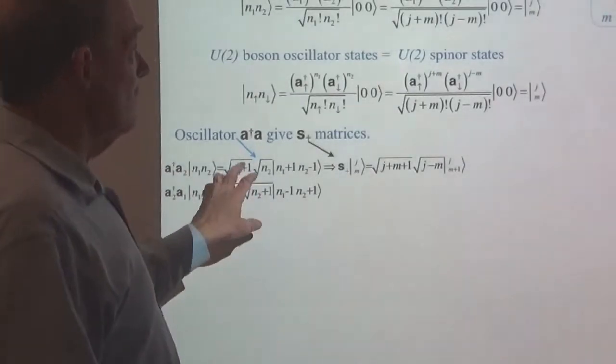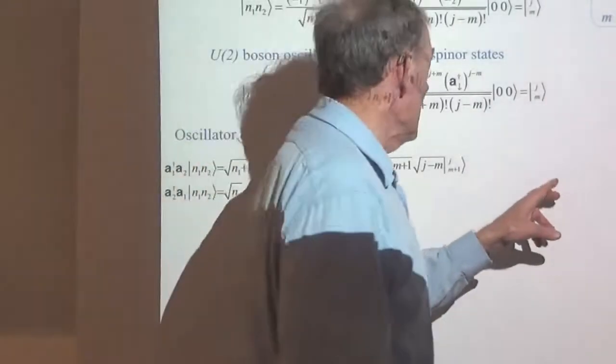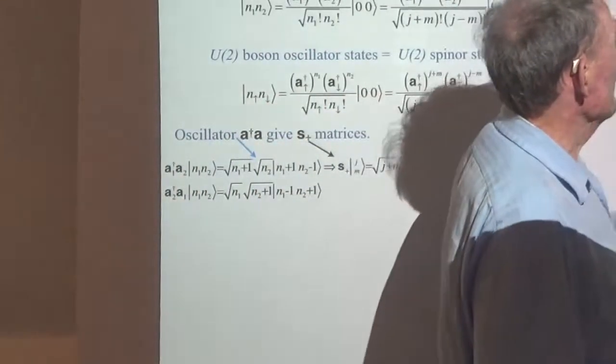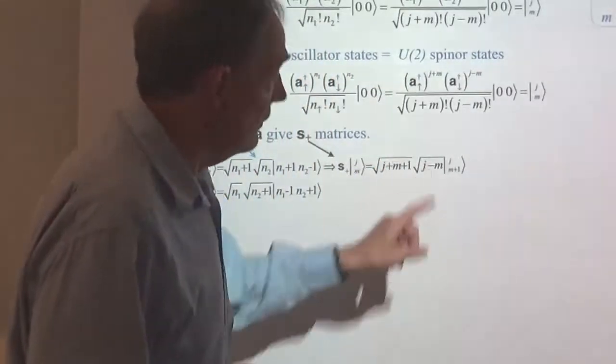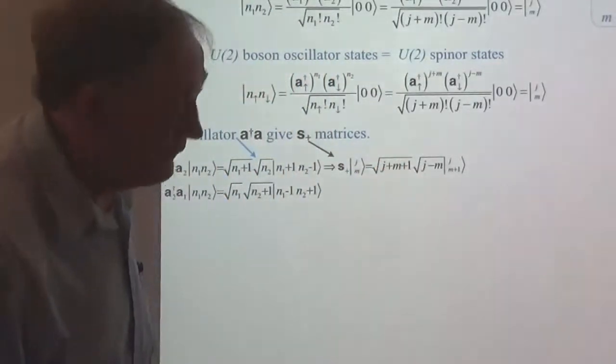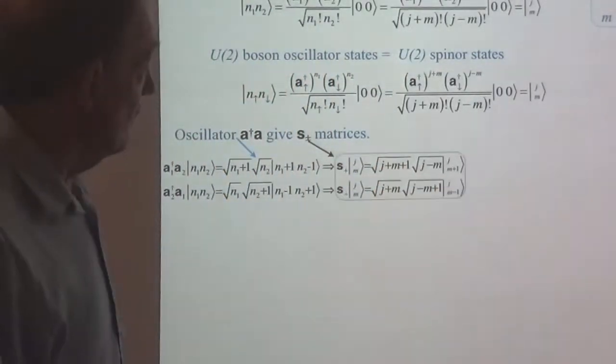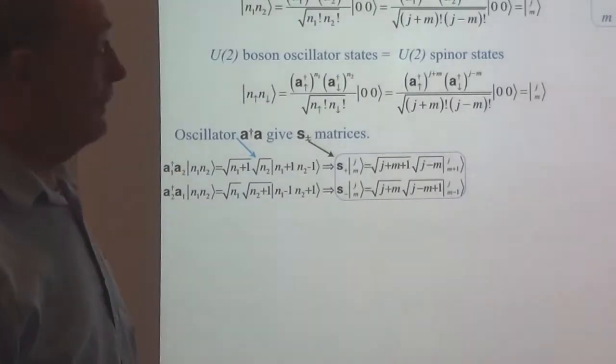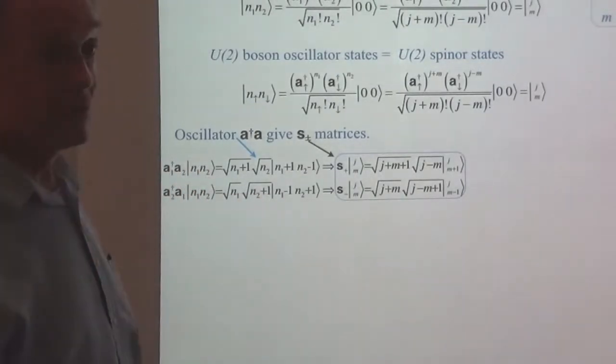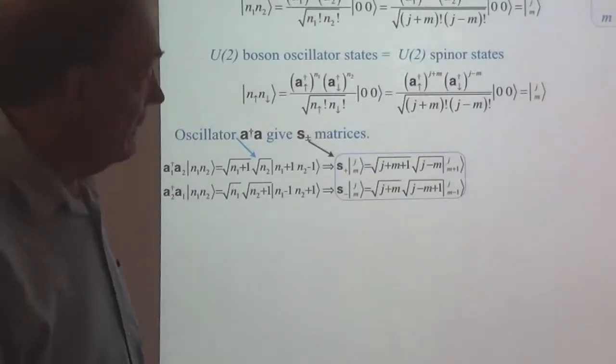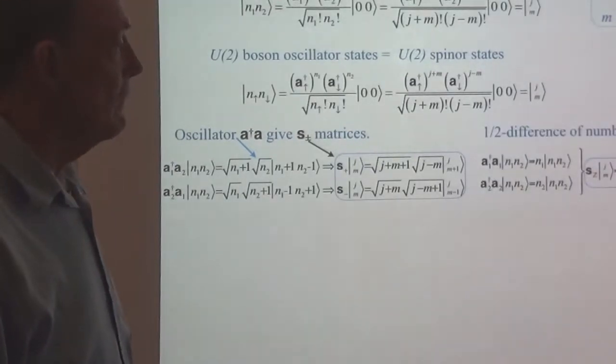Just substituting into that the values, j plus m and j minus m, gives you this. We're done. That's a real bugbear for the quantum mechanics books that exist now. This is so elegant. That is a really, really very important thing.